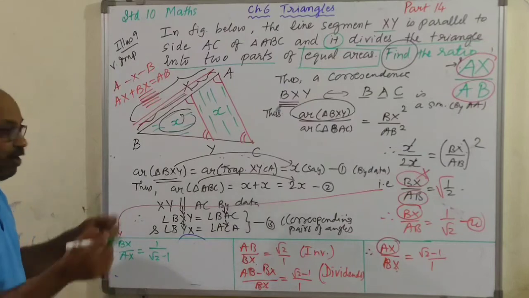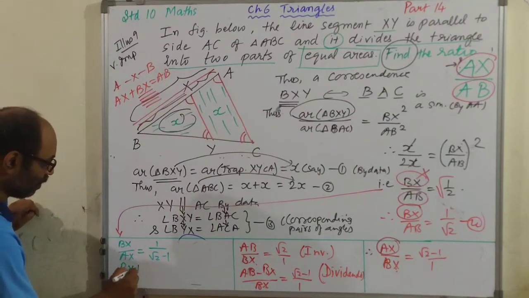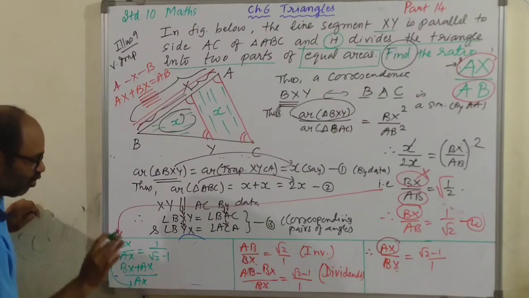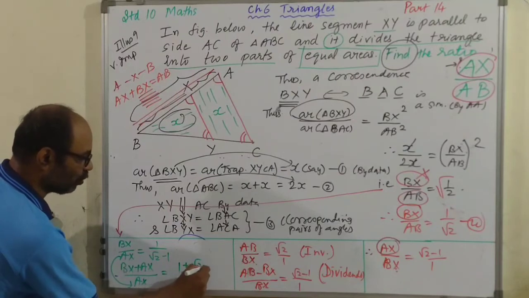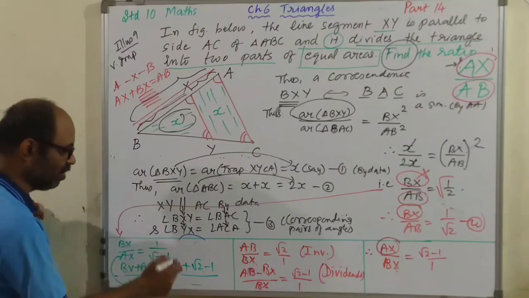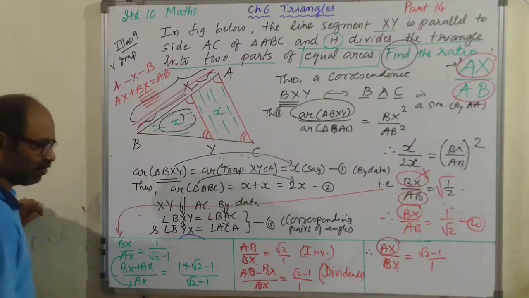And now componendo add BX plus AX upon AX. देखा ये AX डिनोमिनेटर में रिटेन हुआ. Now this is 1 plus root 2 minus 1 numerator plus denominator upon root 2 minus 1.